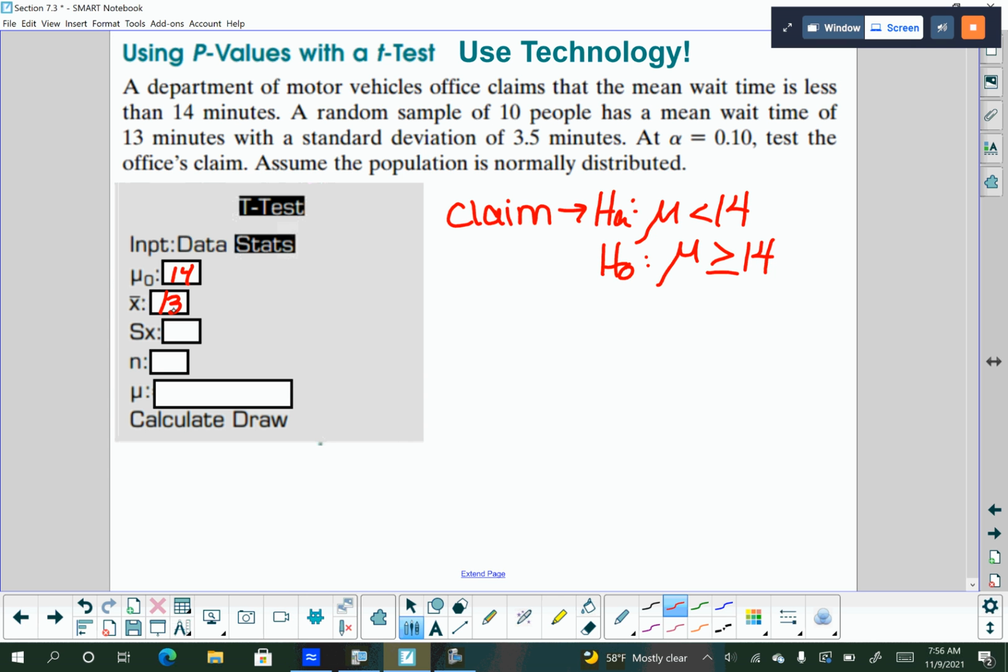You need the sample standard deviation, which was 3.5. We need the sample size, 10. And then it's going to give you one of three options at the bottom. You're going to choose the one that goes along with your alternative hypothesis. So we're going to choose the one that is less than eventually when we get to that.